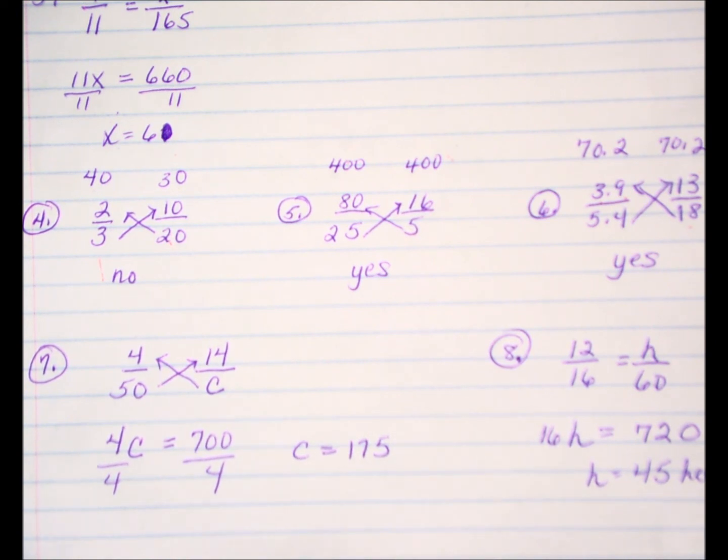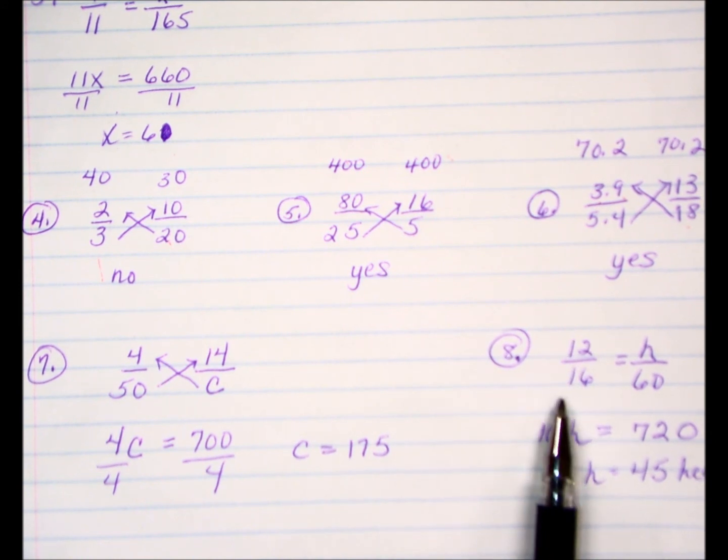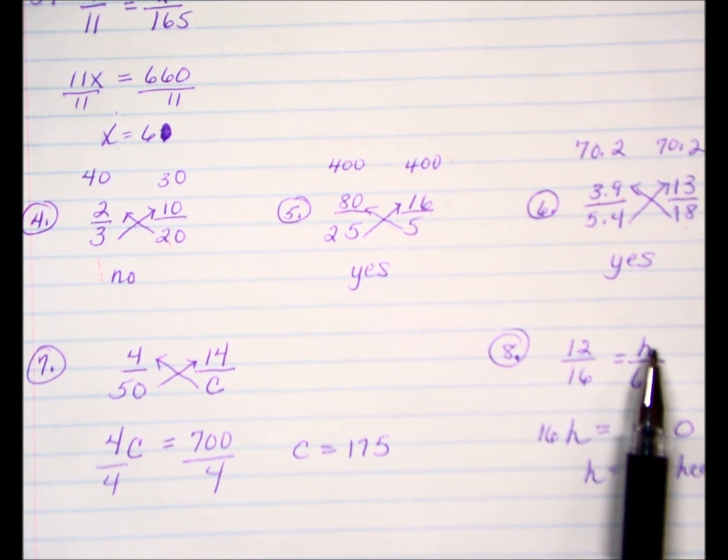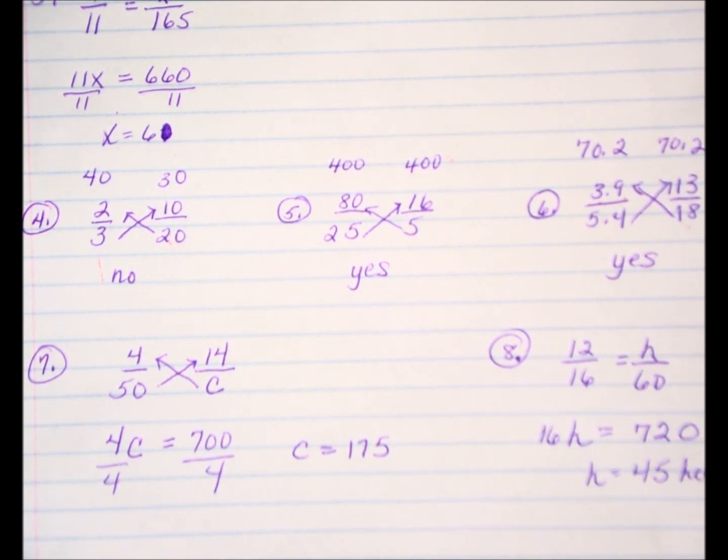In the second one, it says a lion has 12 heartbeats in 16 seconds. And they want to know how many heartbeats it would have in 60 seconds. So then we would cross multiply. We got an equation of 16H is equal to 720. And when we divided to solve that, we found out that the lion had 45 heartbeats in 60 seconds.